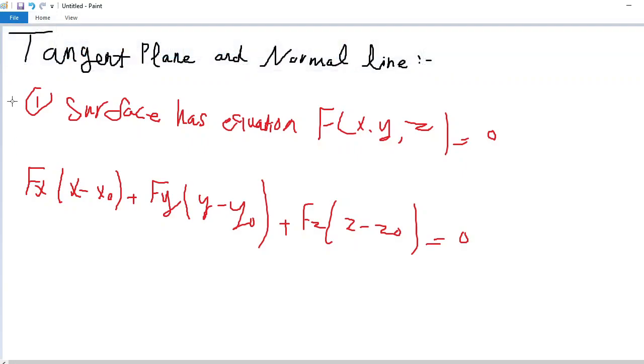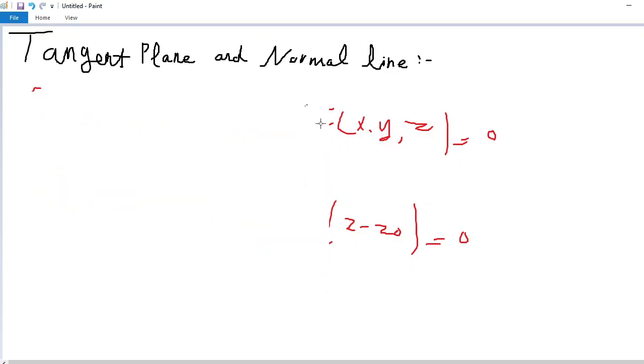So there is also another equation. Let me make some space here. There is also another equation called the normal vector to the tangent plane.